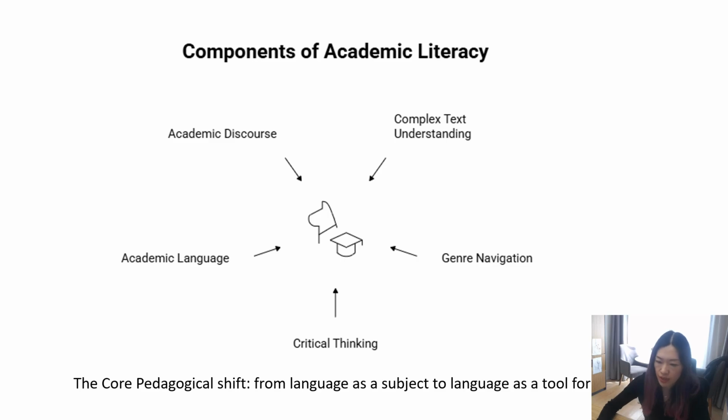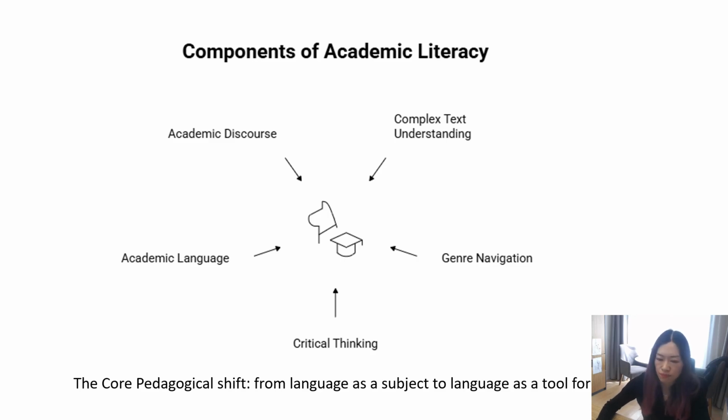Think critically, evaluating sources, constructing arguments, identifying biases, and questioning assumptions. And the ability to use academic language, mastering the specific vocab, grammar, and discourse patterns for a particular discipline. And also participate in academic discourse, understanding how knowledge is created, how it is debated, and communicated within a community of scholars.